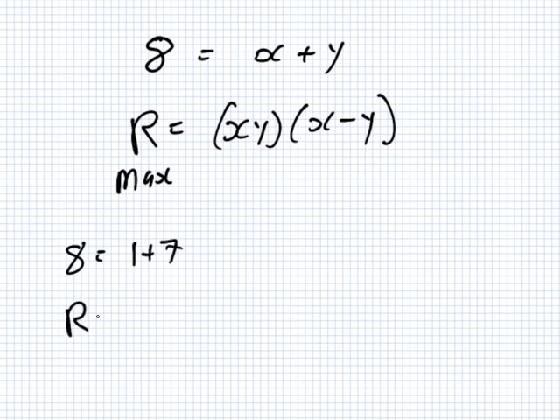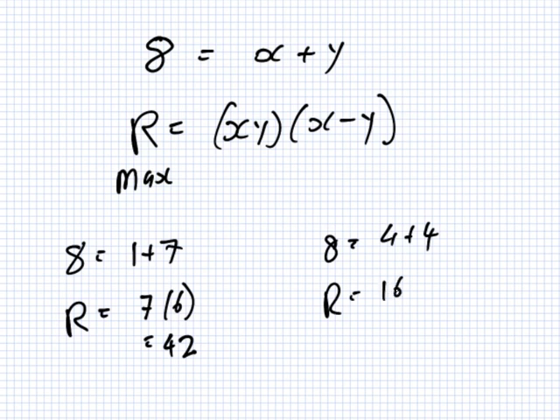Then the result here would be 7 times 6, which is 42. Now suppose I said 8 is 4 plus 4. Well, this is definitely not the maximum because the result here would be 16 by 0, which is 0. So there must be some pair of numbers that add to 8 but make this maximum in value.